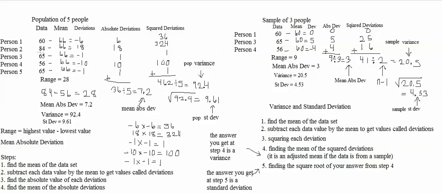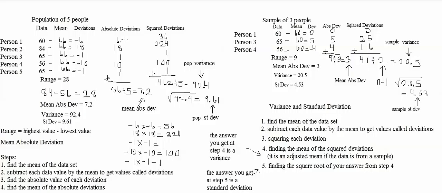And this person's data value of 65 is 1 away from the mean of 66. So each of the absolute deviations is just the distance from a certain data value to the mean.